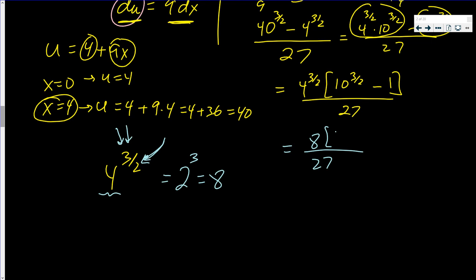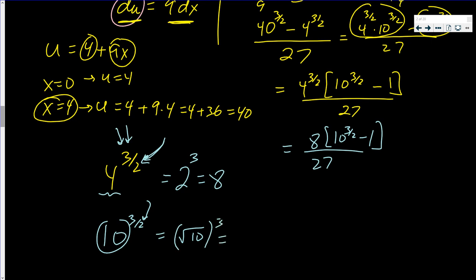And now, can we really clean up 10 to the 3 halves? I would leave it like that, but just for the record, you can, because what times itself 2 times gives you 10? The answer is the square root of 10. And then we have to cube it. That is, we have to multiply the square root of 10 3 times.